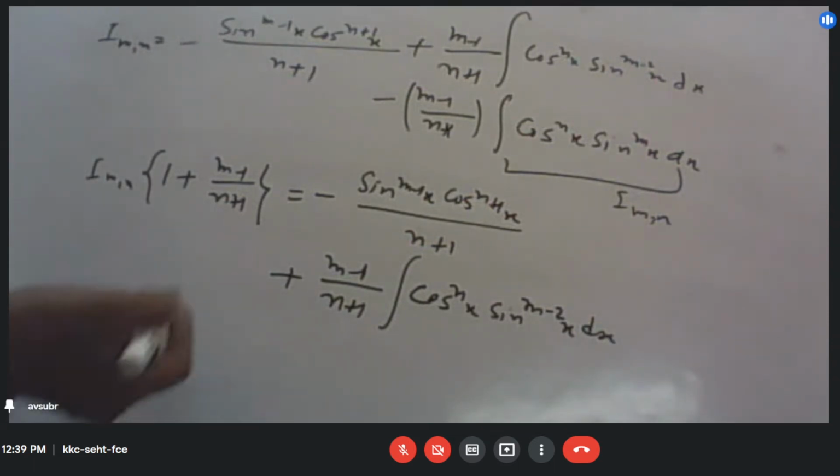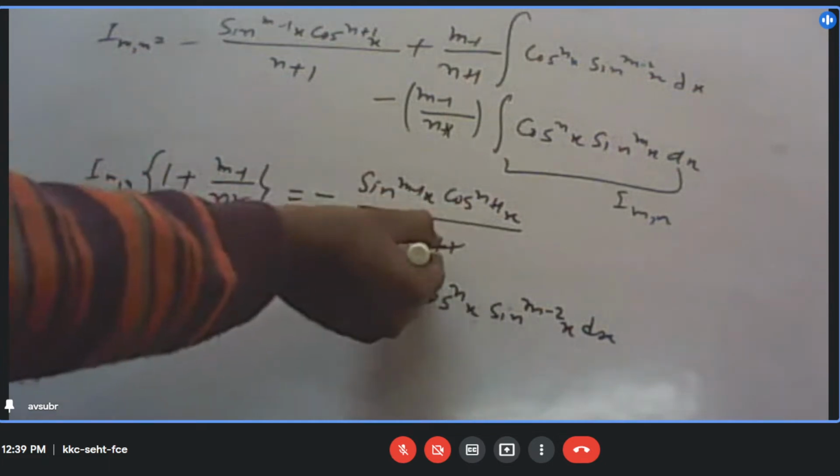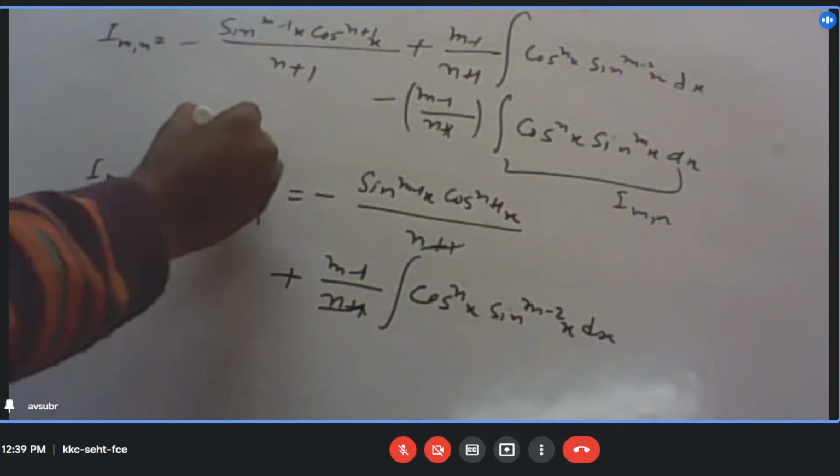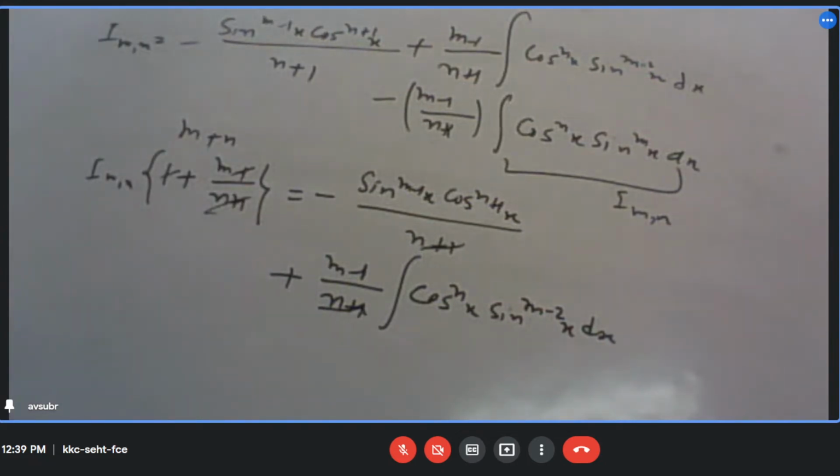Yes, sir. And then we can see that this n plus 1 will also cancel out, and here 1 and 1 will cancel out. What will be left over here is m plus n, so that will be divided.